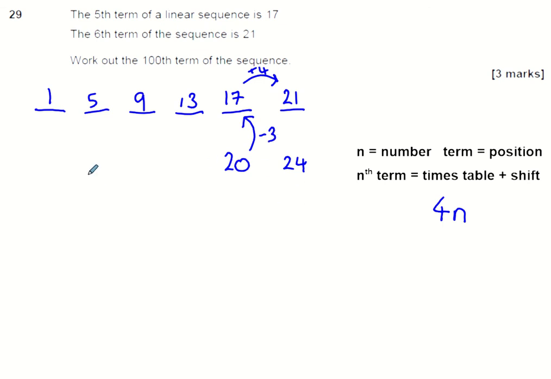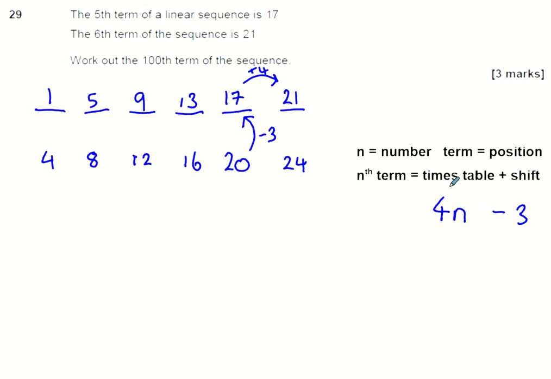You can see this working from all the others, because if we had 4, 8, 12 and 16, to get from the 4 times table to our sequence, we're taking it 3 numbers lower than it started at. And so -3 is the shift. This is the 4 times table, but 3 numbers lower in every case.